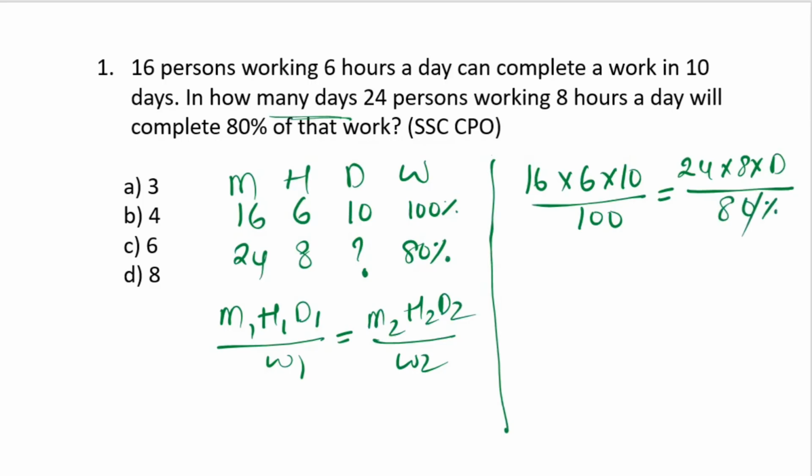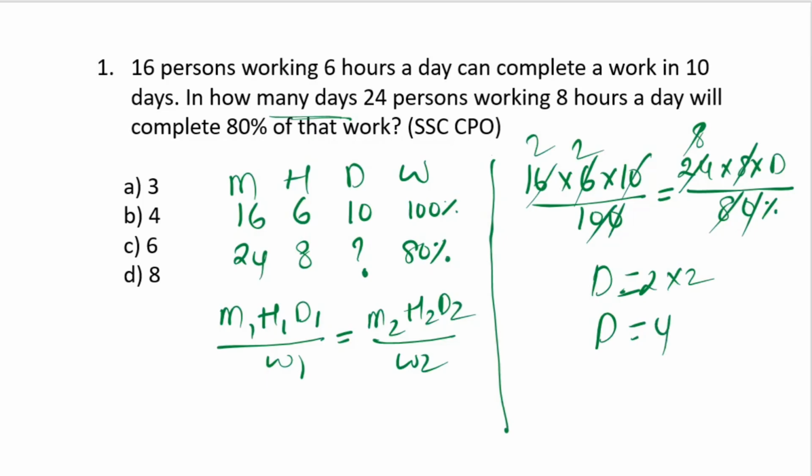So 0, 0 cancel, 8, 8 cancel, 10, 10 cancel. And 3 2s are 6, 3 8s are 24, 8 into 2 is 16. So only 2 into 2 is left. So the days is equal to 2 into 2. Days is equal to 4 days. So the correct option is 4. Hope you got the same answer.